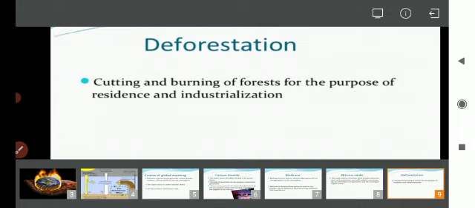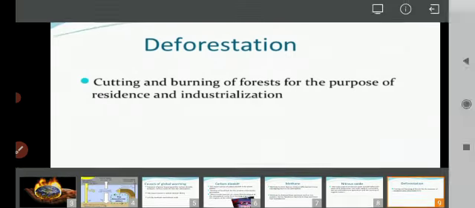For settlement, for residence, for industries, for agriculture, for various purposes, forest cutting and deforestation are going on, and due to this many issues are there. Forest burning is an issue.